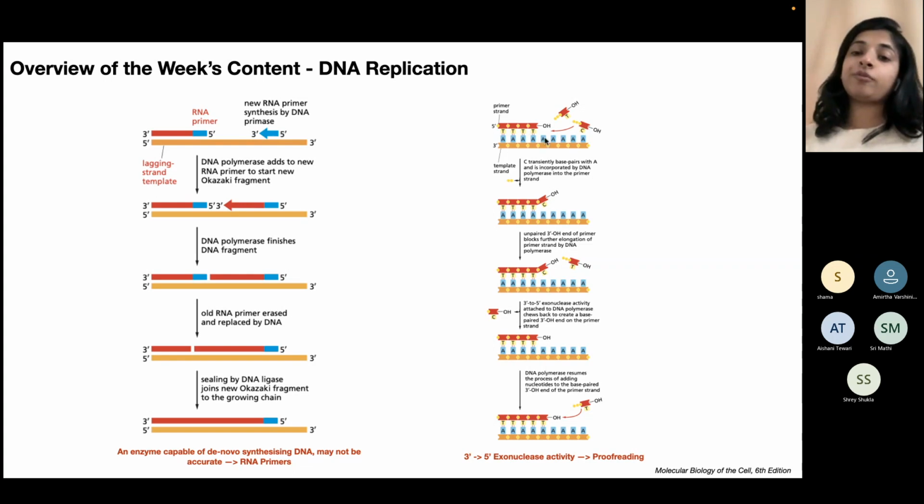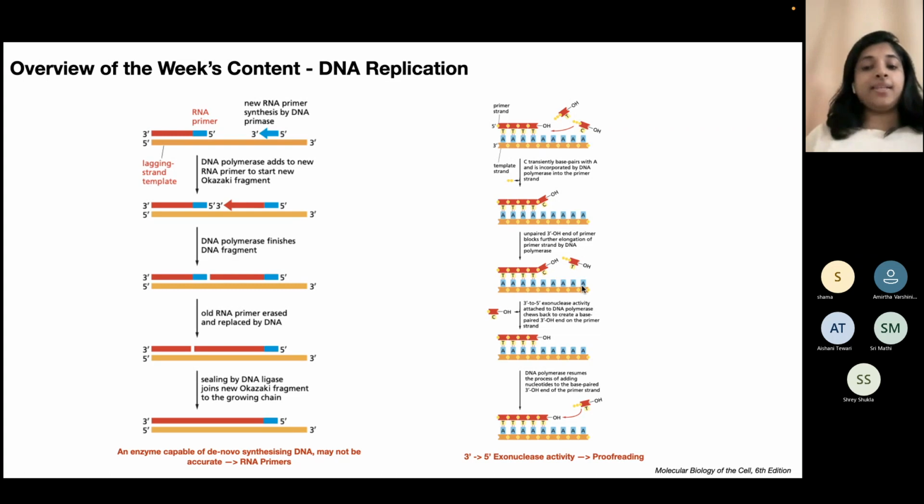Now imagine instead of T over here, a C base is added. Now the structure of the DNA polymerase is such that it is not able to elongate bases that are not accurately base paired. So because the C is not base paired properly, its orientation is such that it does not approach the catalytic center at all, and the enzyme is not able to add the next base to it.